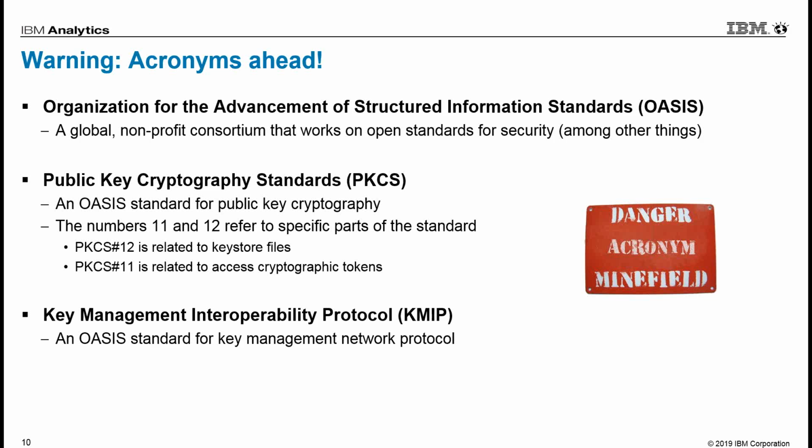This is the older standard that's been around for a while. There are two parts to it, 11 and 12, that are used a lot. PKCS12 refers to how to create a secure file, so keystore files. It's sort of a password-encrypted file. And PKCS11 is more about a protocol for exchanging and communicating cryptographic tokens between two entities.